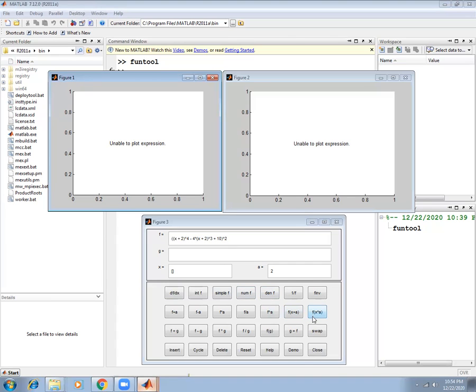And f of x into a will return a new function, where x is replaced by x into a. X is replaced by 2 into x, where a equals 2: 2x plus 2 power 4 minus 4 into 2x plus 2 cube plus 10.